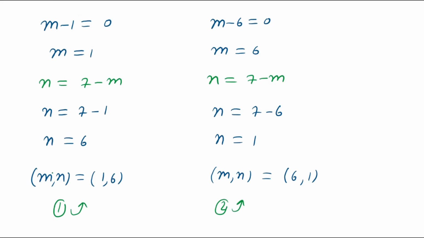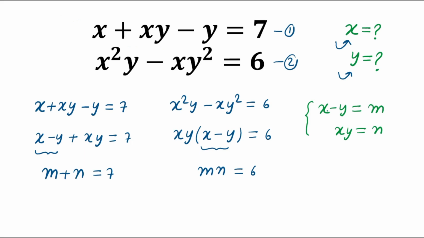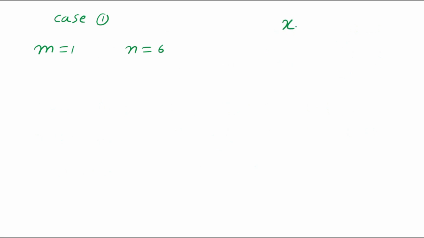Let us consider this as case first and this as case second. First we will solve case first. Case first is m = 1 and n = 6. We know that x - y = m and xy = n. Then m is replaced by x - y, which is equal to 1, and n is replaced by xy, which is equal to 6.